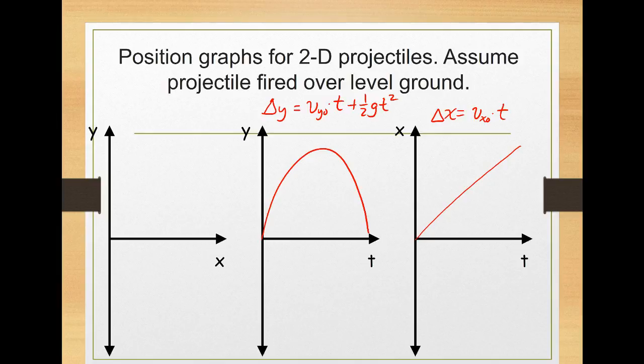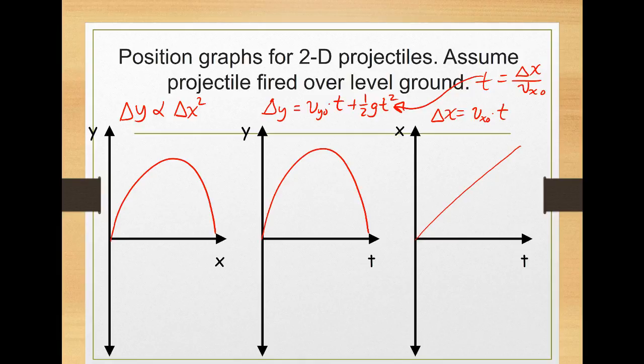Now one thing that you might notice is that if you then take this time t as delta x over Vx initial, and if you plug it in for t in this equation, you're going to essentially get a quadratic. So delta y is going to be still proportional to x squared, and we get another parabola.